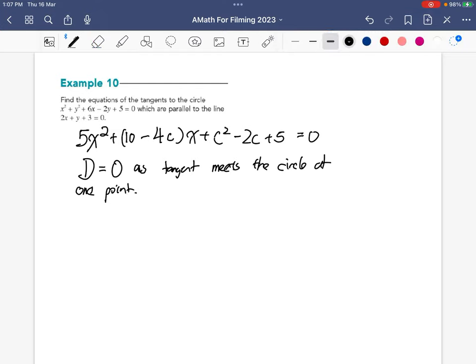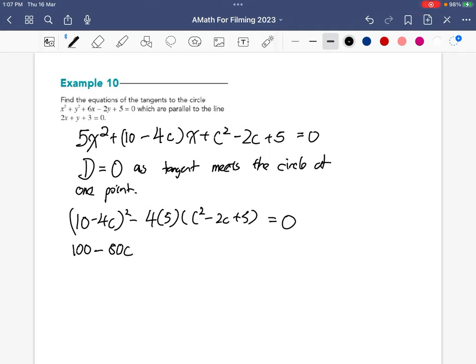So if I have that, what I can do is b squared minus 4ac is equals to 0. You resolve everything, it will be 100 minus 80c plus 16c squared.